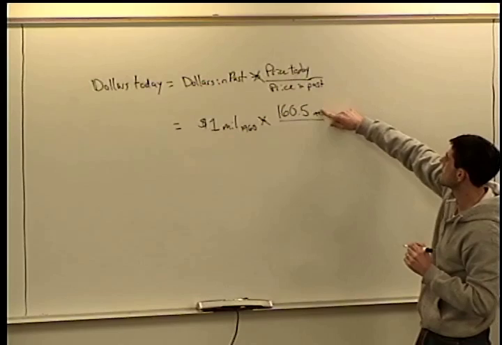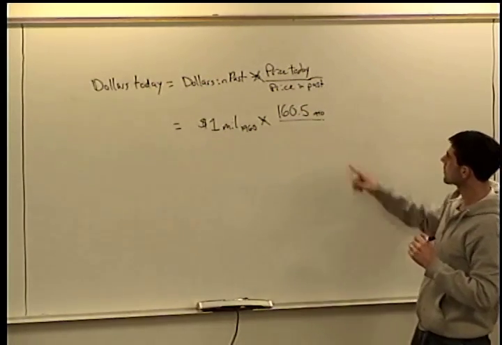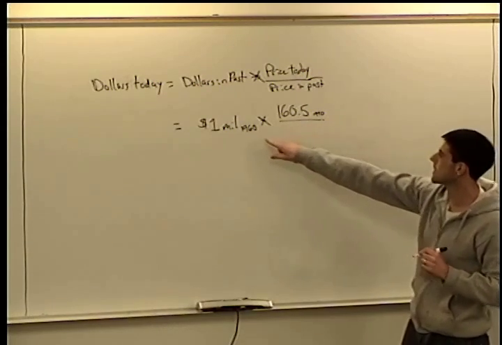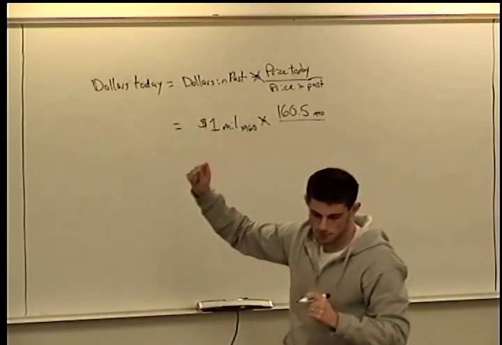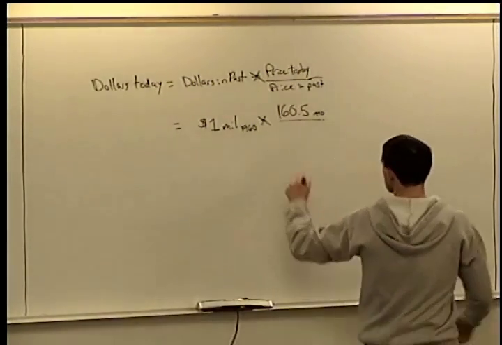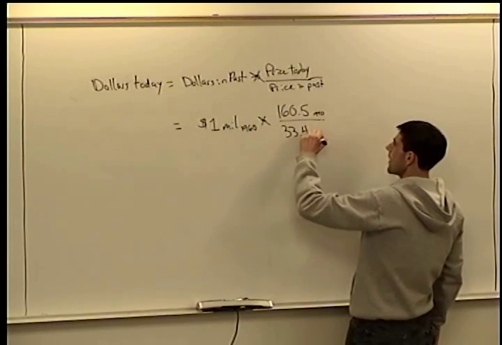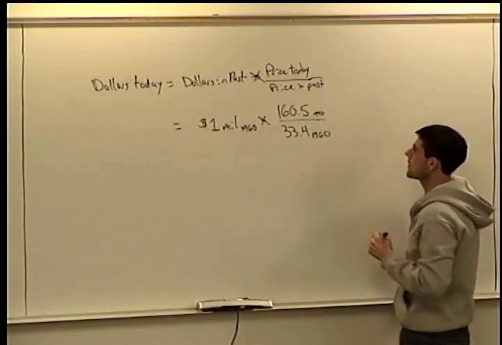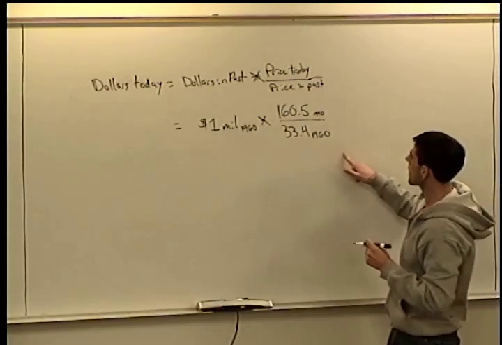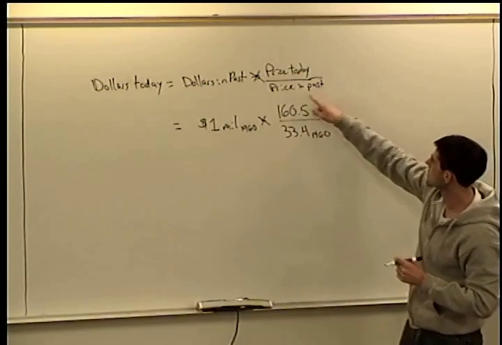We'll call this 1990, 30 years. The CPI in 1960, which I believe was 33.4. Notice how the 1960s cancel, and then we're left with 1990. So this is 4.8.